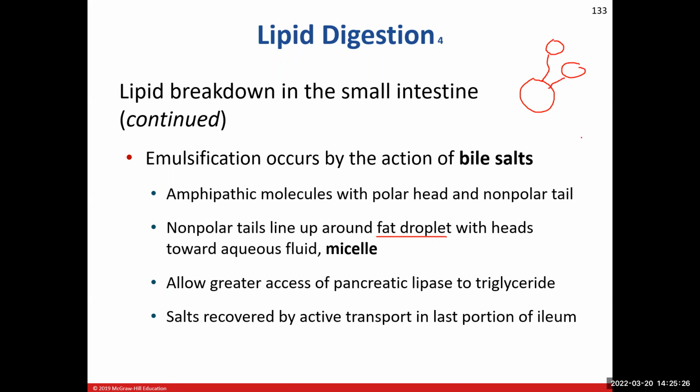They'll just attach themselves like that and surround that fat droplet. When the bile salt surrounds it, we form what's called a micelle. And this will allow that pancreatic lipase enzyme to get at that molecule, so we can, again, break it down.